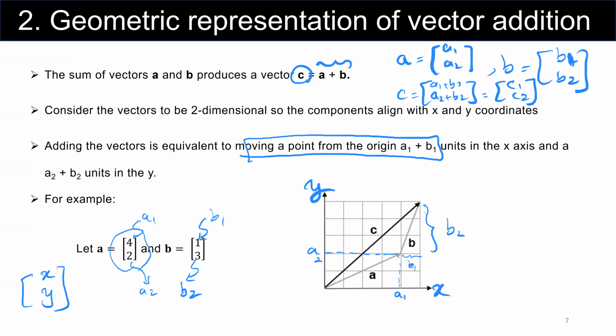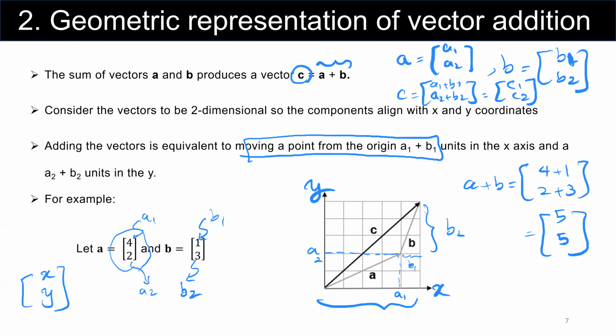So now we want to see what's the geometric representation of their summation. So A plus B is going to be 4 plus 1, 2 plus 3, which is equal to (5, 5). Let's look at this axis. This is 5, C1. This is also 5, C2.